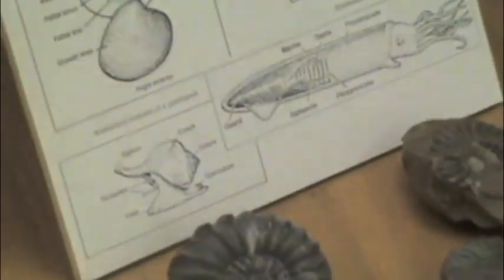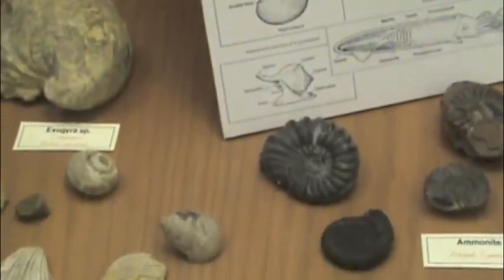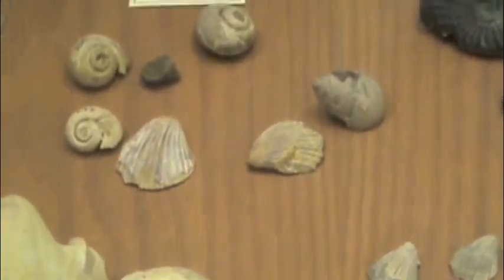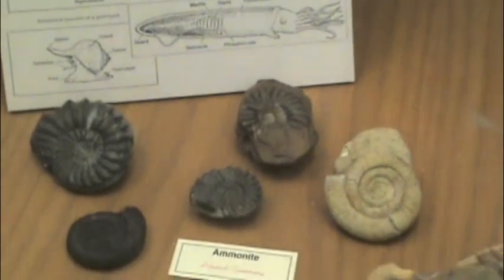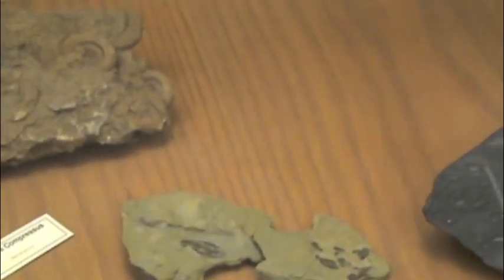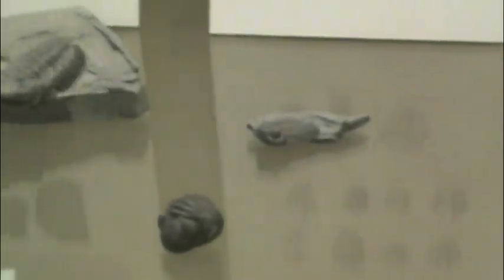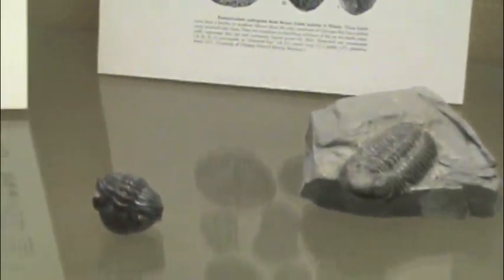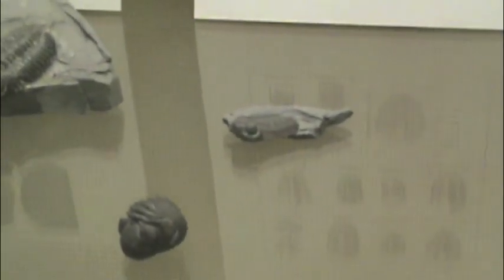All right, so let's take a look at some more of these shells. These are mollusks. These over here, these little critters are trilobites. There are many different forms of them for a very long period of time within geologic history.